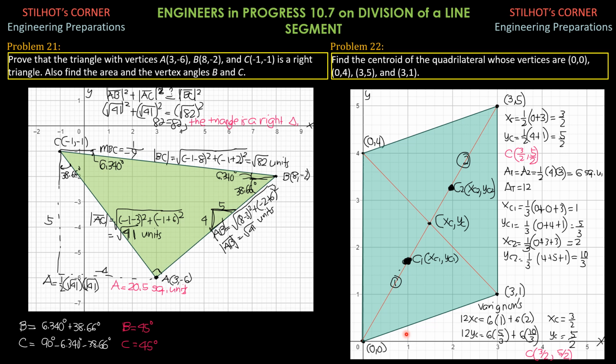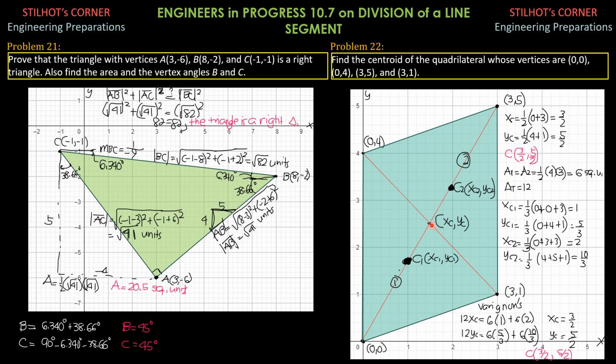So therefore, x sub c is the average of these 2 points, 0 plus 3. Remember midpoint formula, 1/2 of quantity x1 plus x2. So 1/2 of 0 plus 3 is 3/2.